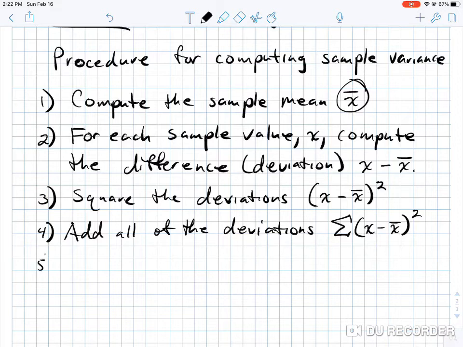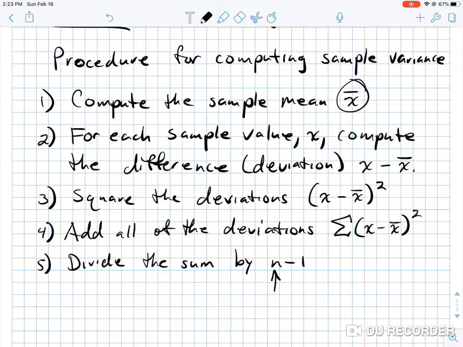Then, last step, divide. All right, divide the sum. Not sub, but sum. All right, you're going to divide the sum that you found in step 4. Divide the sum by n minus 1. Okay, and of course, as you know, lowercase n is your sample size.